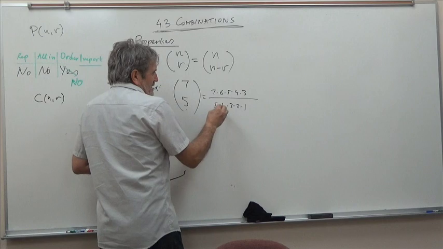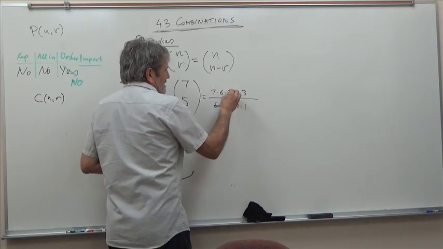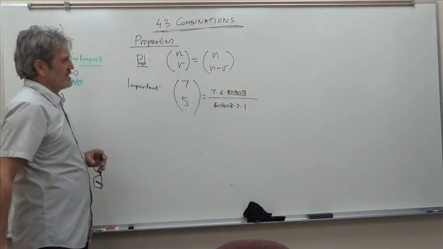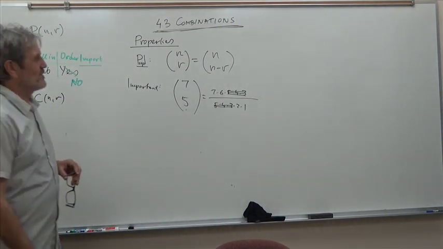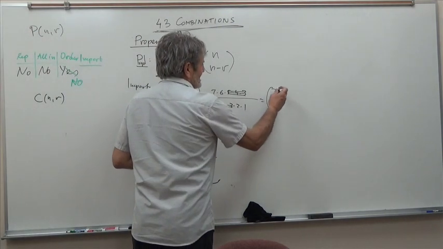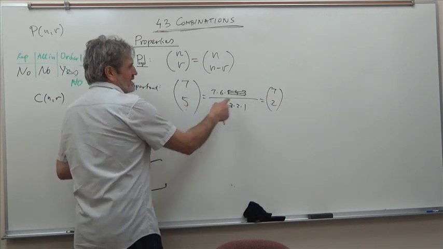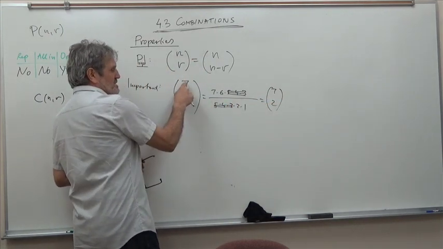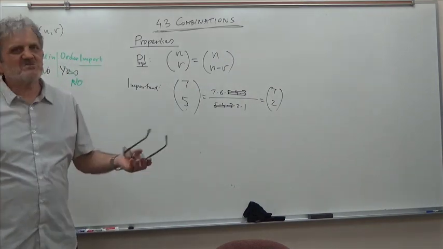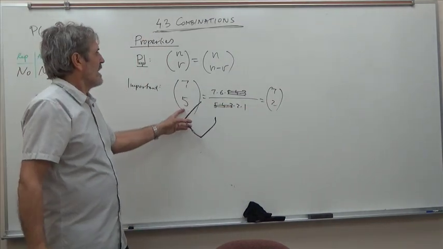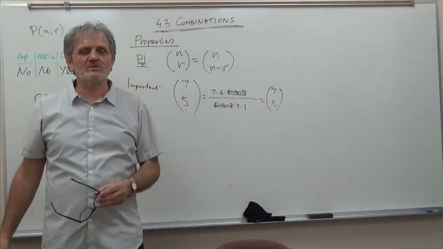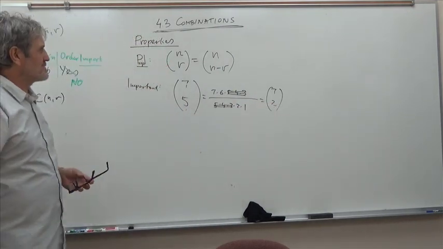But then what happens? 5, 4, 3 cancel, and actually I get 7 times 6 over 2 times 1. 5 and 2 are complementary with respect to 7, so which one I use doesn't matter. Of course, the smaller one is better. So instead of 7 choose 5, I should have known immediately that I can use 7 choose 2 and get it much quicker.